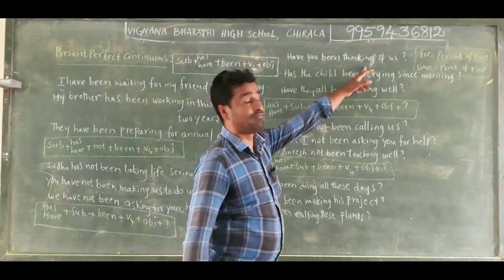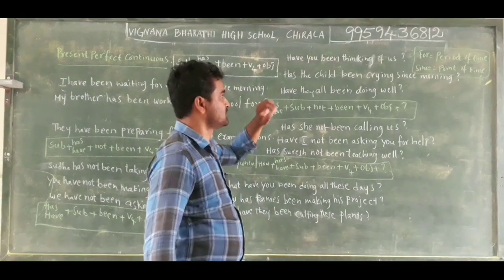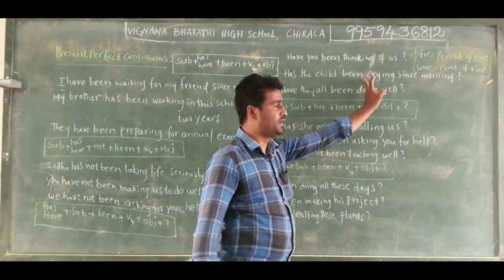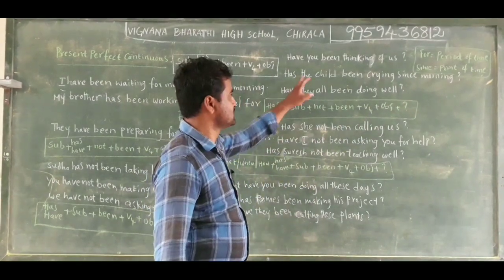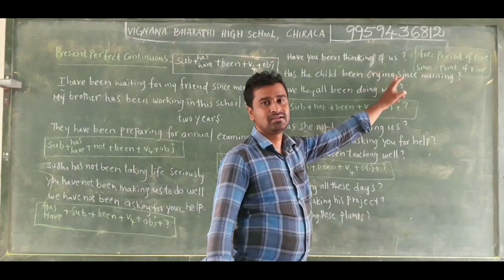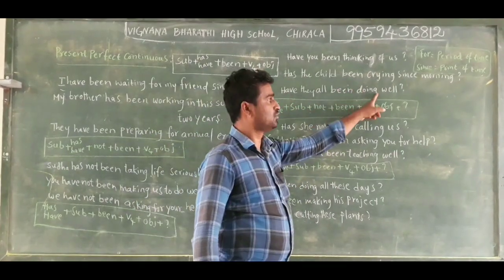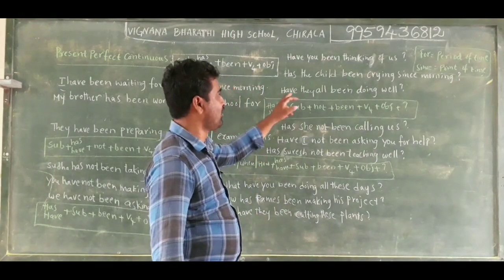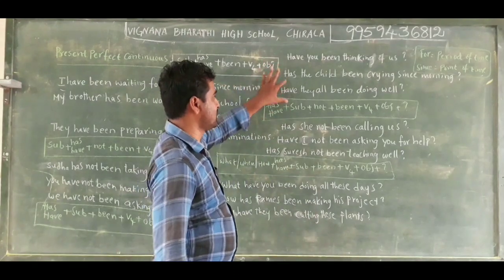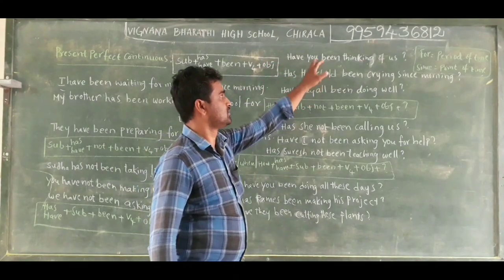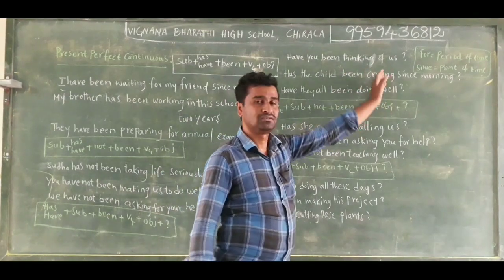Have you been thinking of us? Has the child been crying since morning? Have they all been doing well? Helping verb has or have, then subject, then been, then verb 4, then object.